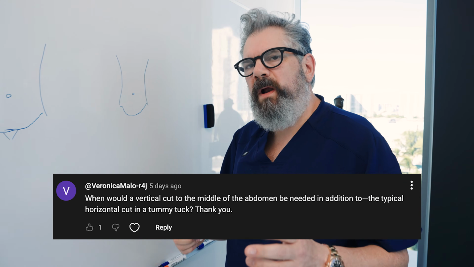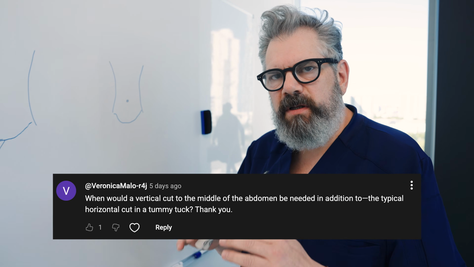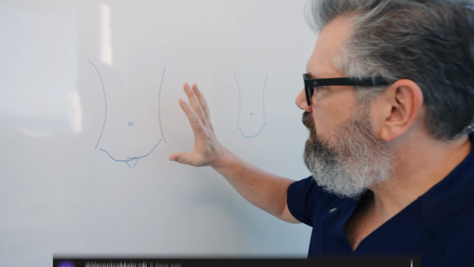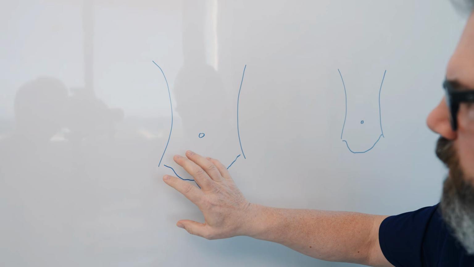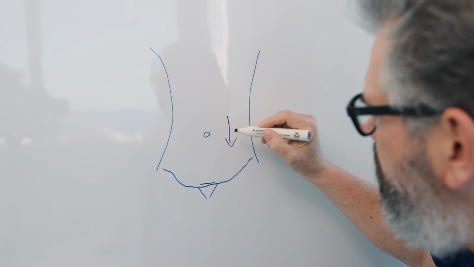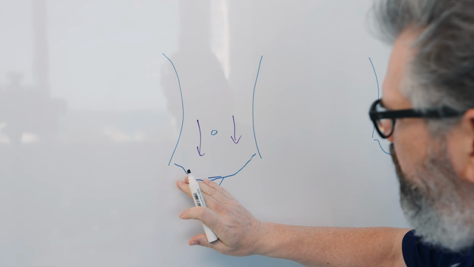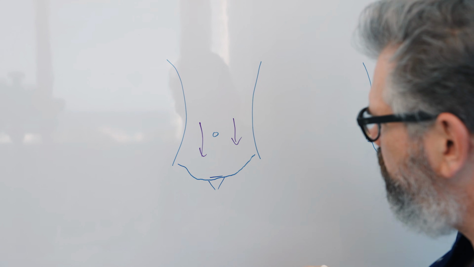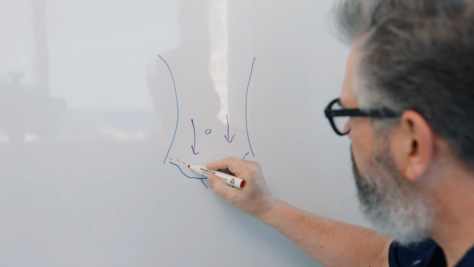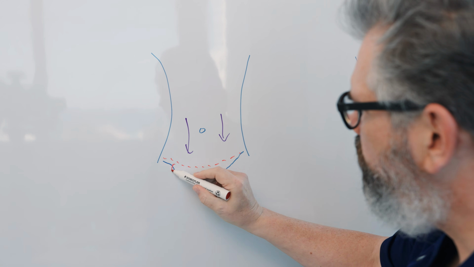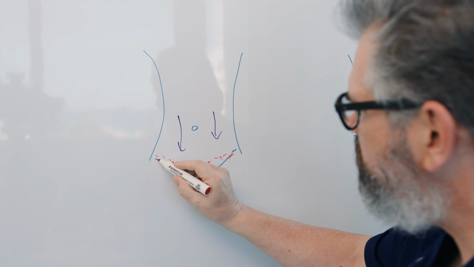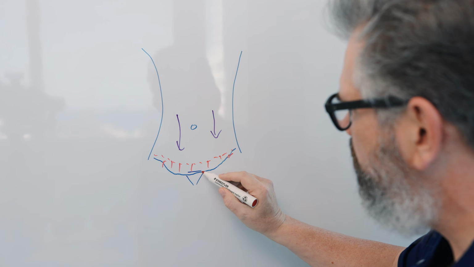Okay, Veronica, so when do you need a vertical line in addition to the traditional horizontal line for a tummy tuck? So in a typical tummy tuck, patients will have excess skin that's in this direction. So they end up developing extra skin along here in the lower abdomen, and then you end up with a cut here, and we remove all this skin, and you end up just with a final scar that's down low in your abdomen.